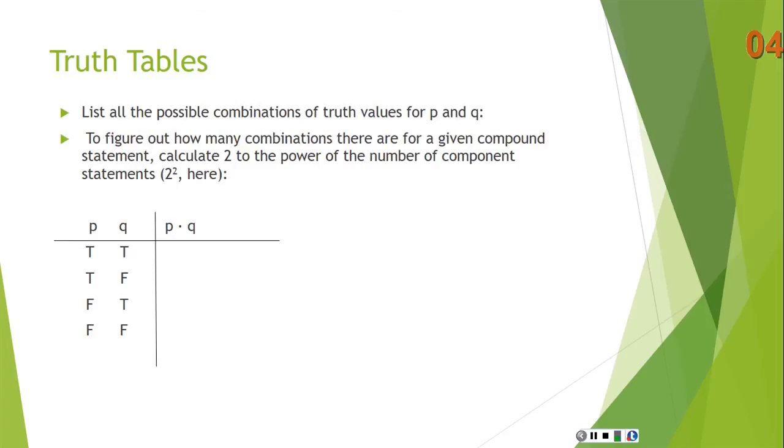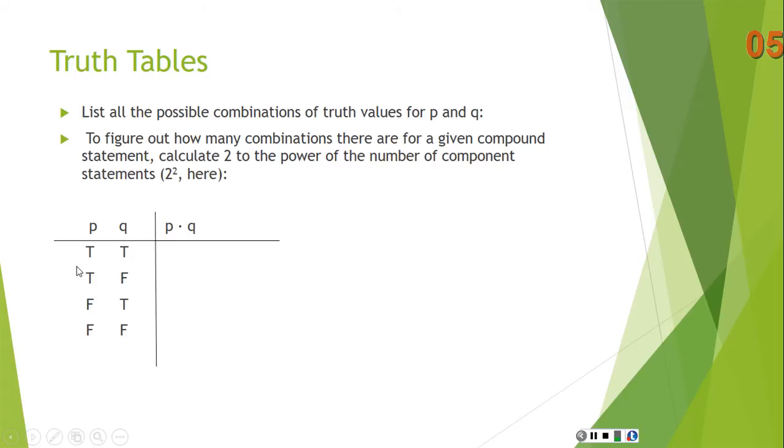So how do you figure out how many combinations there are for a given compound statement? Well, you calculate 2 to the power of the number of component statements there are. In P.Q we have 2 component statements, P and Q. So 2 to the power of 2 is 4.